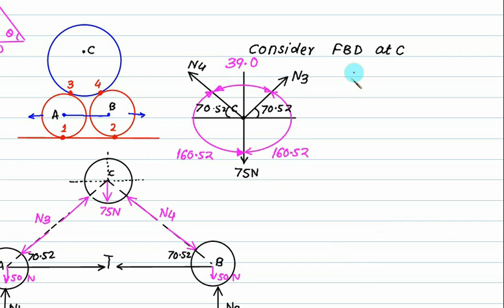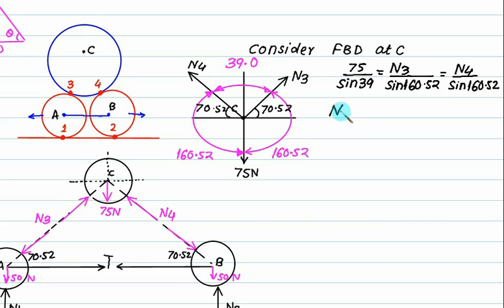We can apply Lamy: 75 divided by sine of the angle between the other two forces, 39, equals N3 divided by sine of the angle between N4 and 75, that is 160.52, equals N4 divided by sine of the same angle, 160.52. N3 is same as N4, because our figure is symmetrical loading.